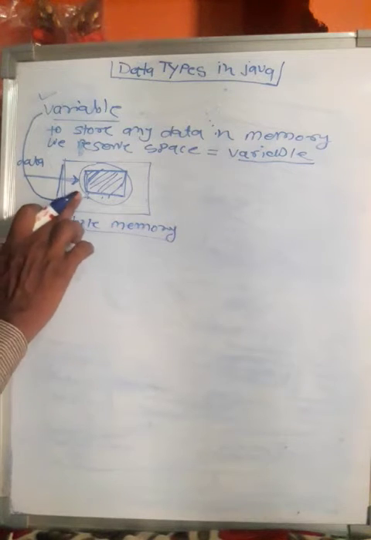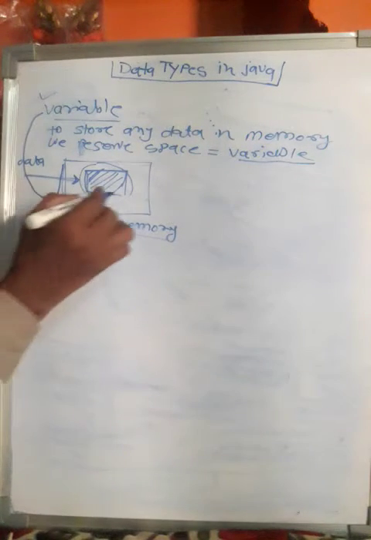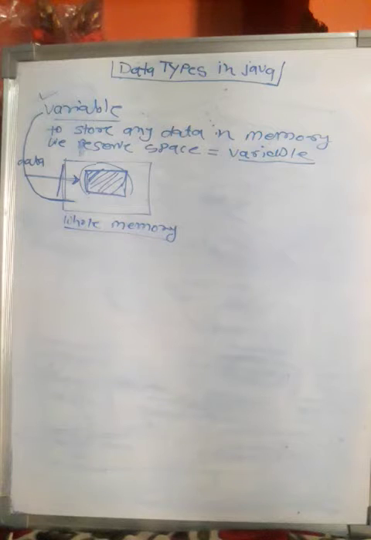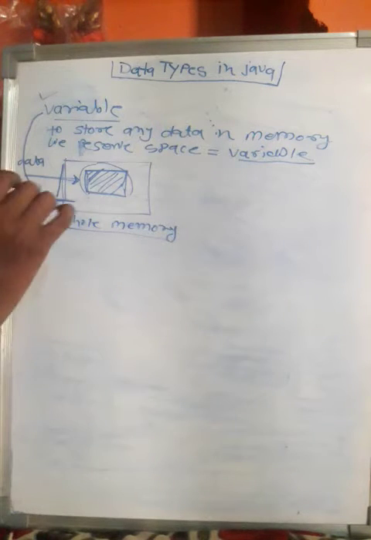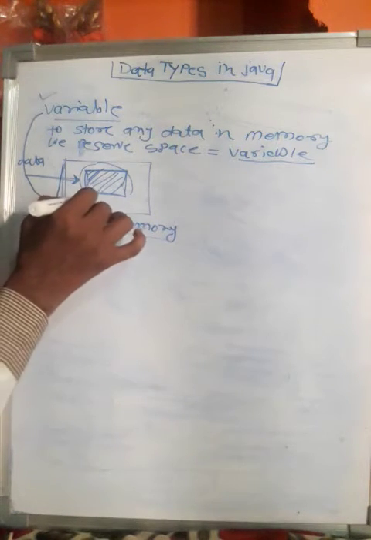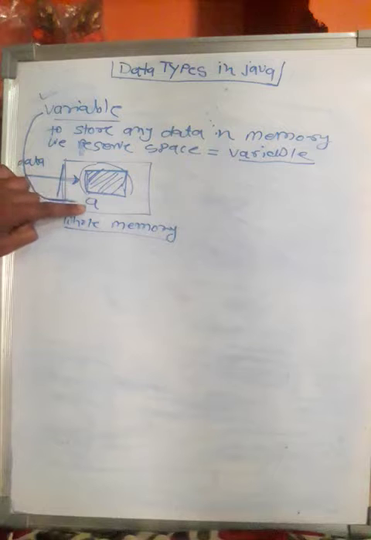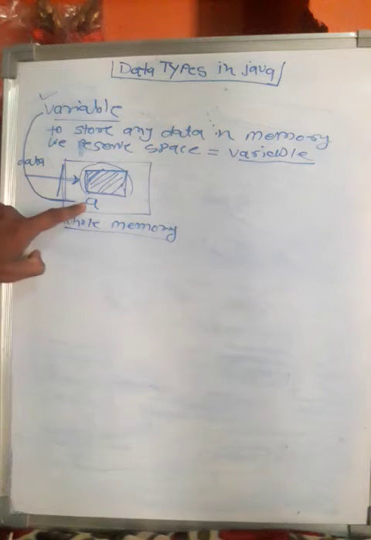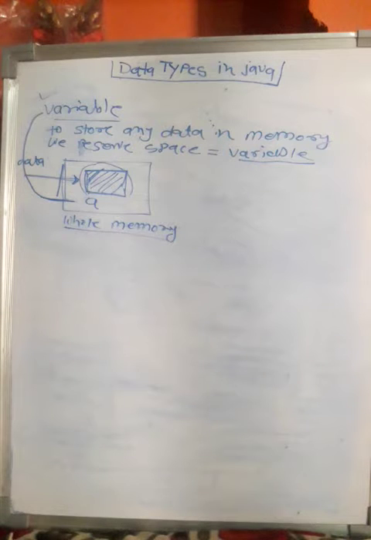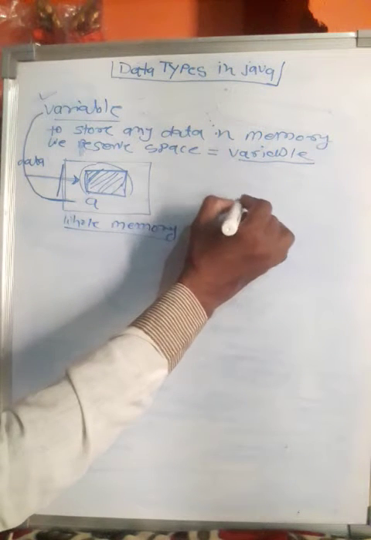And this reserved memory, we can give a specific name. For example, we give it the name A. For example, in train reservation, we reserve a seat.